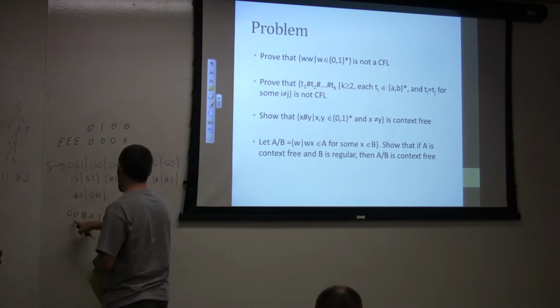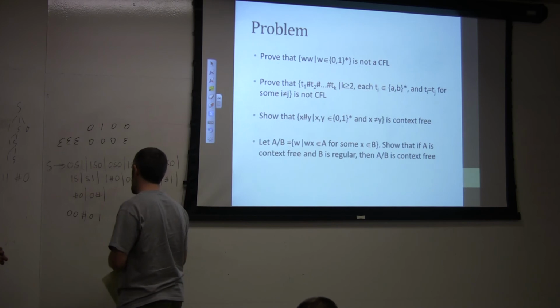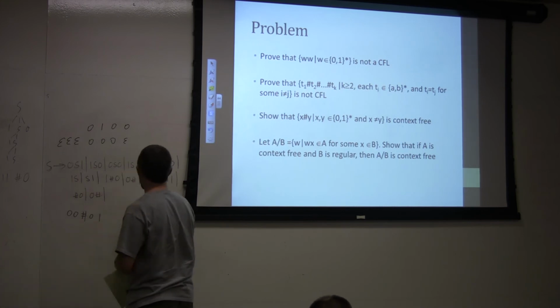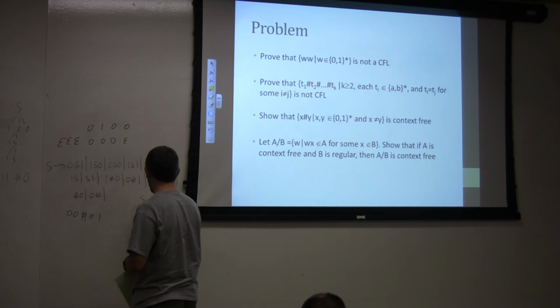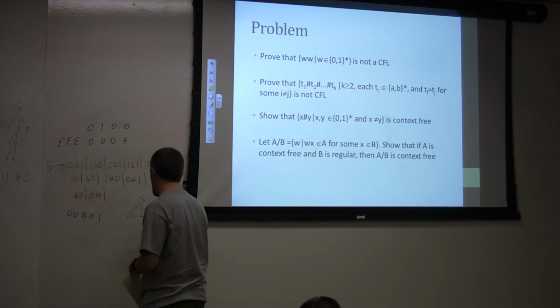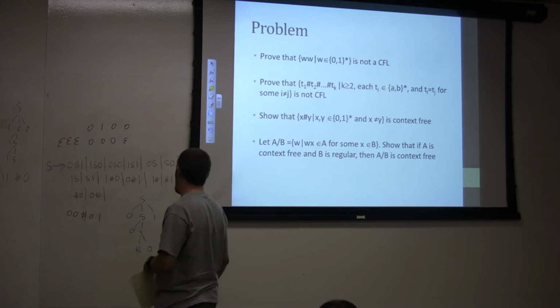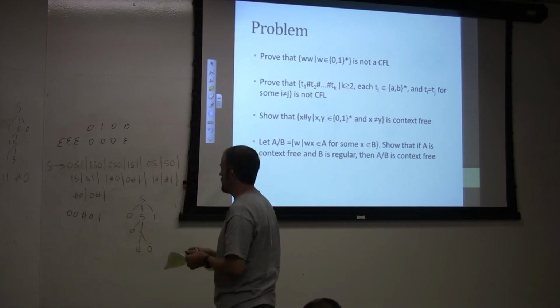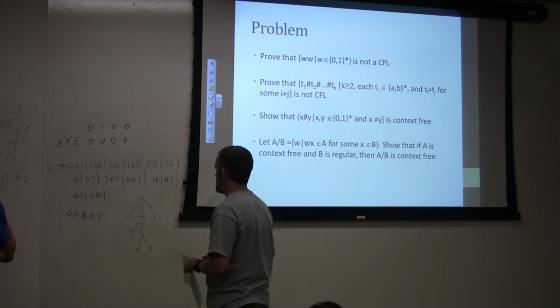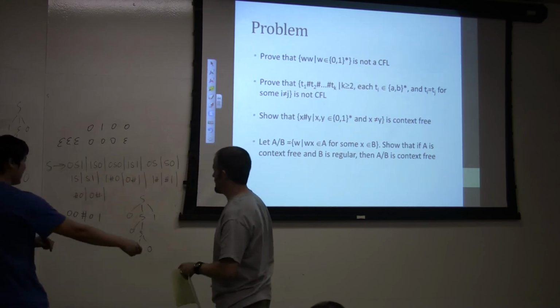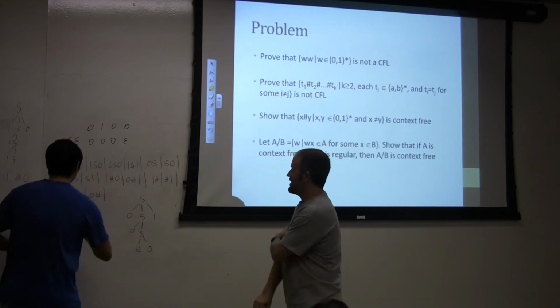Or could I do 0, S, 1, S? No, I don't have another S. I could do that. I can do S goes to 0, S, 1, and that S becomes 0, S, and that S becomes pound 0. Okay. This is ugly as sin, though. Then you can also generate this.